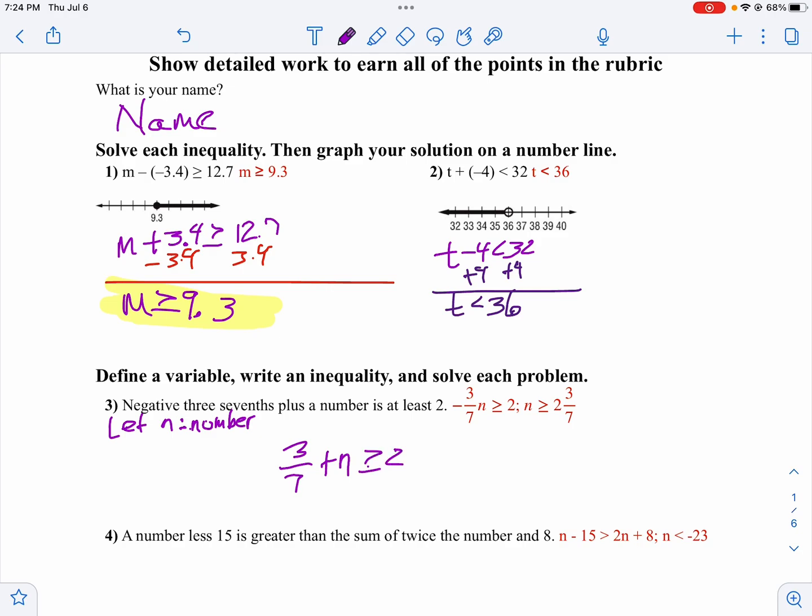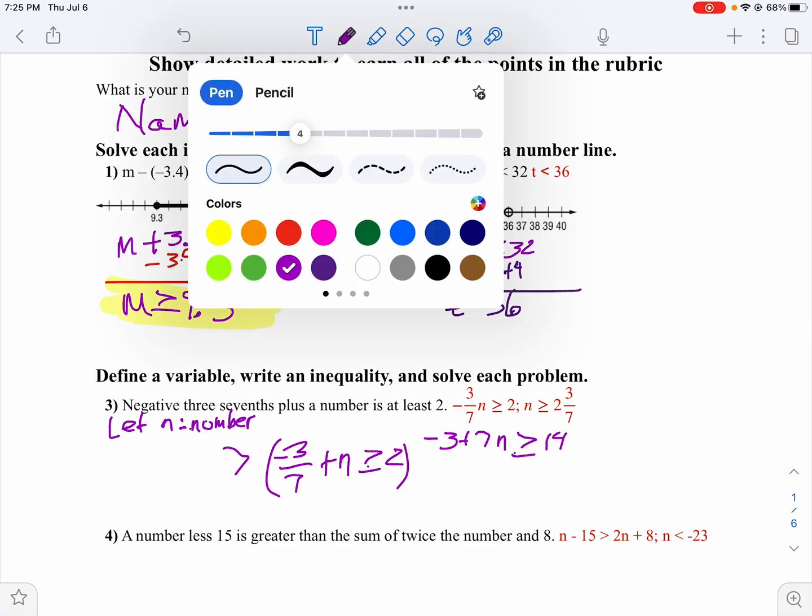Now, I don't like fractions, so I will clear my fractions, multiplying everything by 7. So I'll get 3 plus 7n. It was negative, wasn't it? Negative 3 plus 7n. I'm going to rewrite that. That is greater than or equal to 14. So now I'm going to add 3 to both sides.